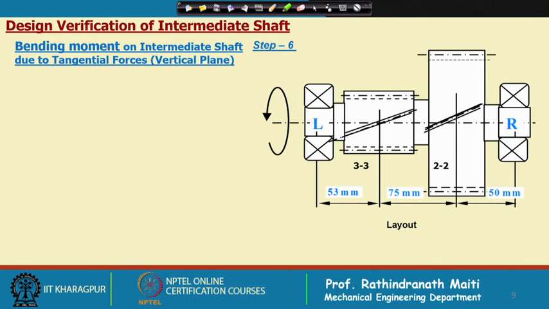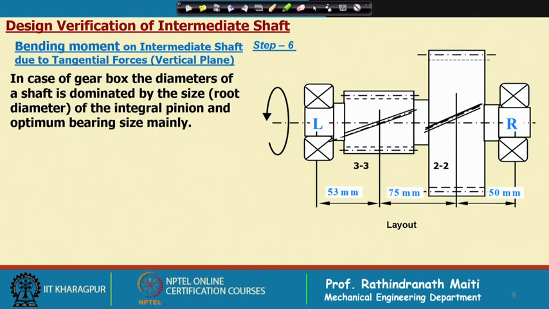Now we shall consider the design verification of intermediate shafts. To verify the life of the bearings and whether the stresses in the shafts are satisfactory, what should we do?